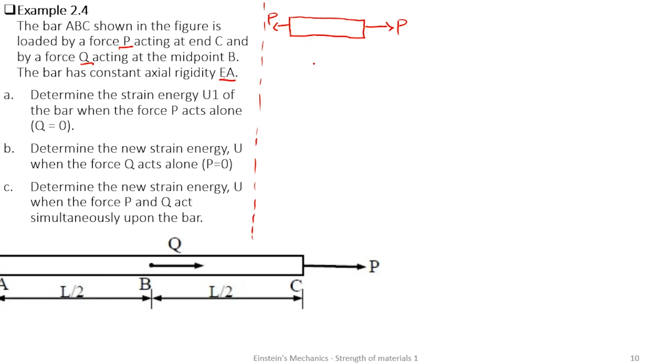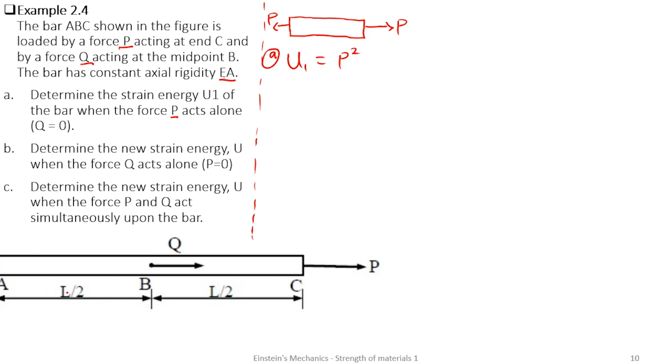And simple, we can know that the strain energy when force P acts alone, so U1, can be the force. What is the force on this bar? The only force is P, so we are going to get P squared. What is the length of the bar?